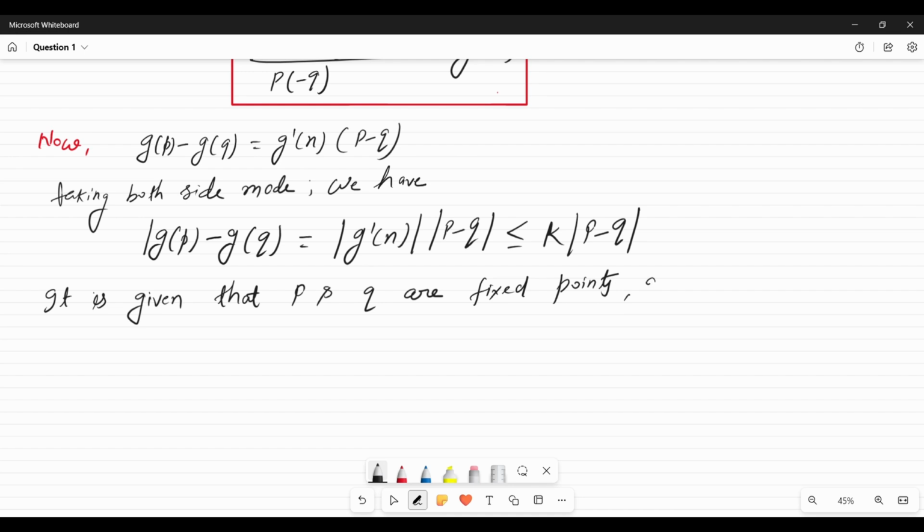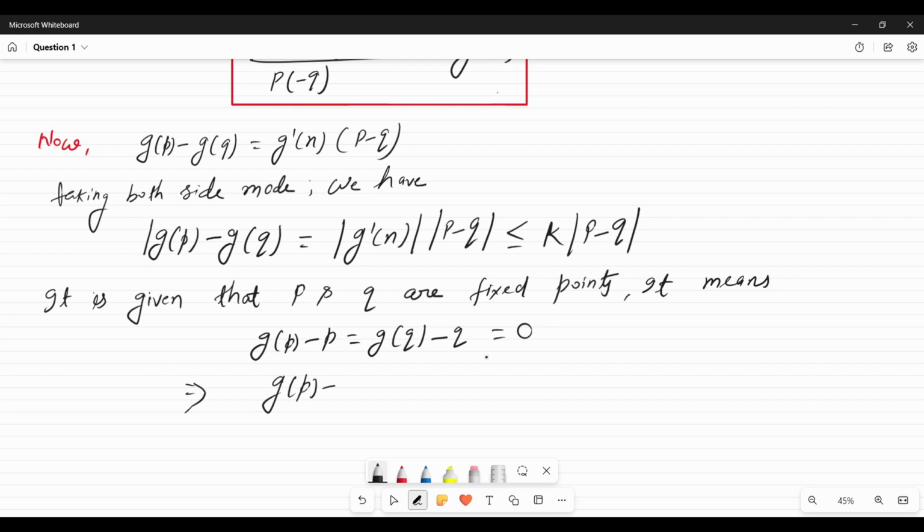It means g(p) minus p is equal to g(q) minus q is equal to 0. So now take g(q) on the left side and p on the right side.